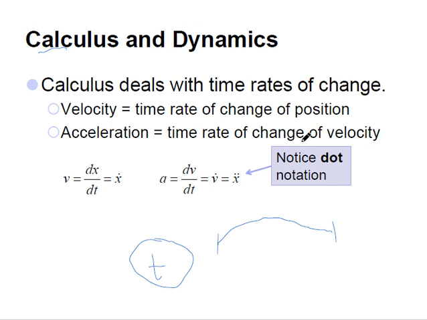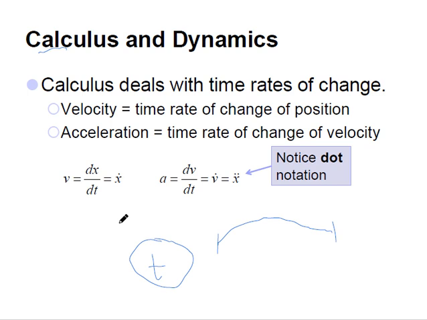Time rate of change of velocity is your acceleration. Time rate of change of position is your velocity. I'm telling you again and again, time rates of change. We're dealing with calculus right away. So every time you think about this little d and then your variable, this little d is defining that change.